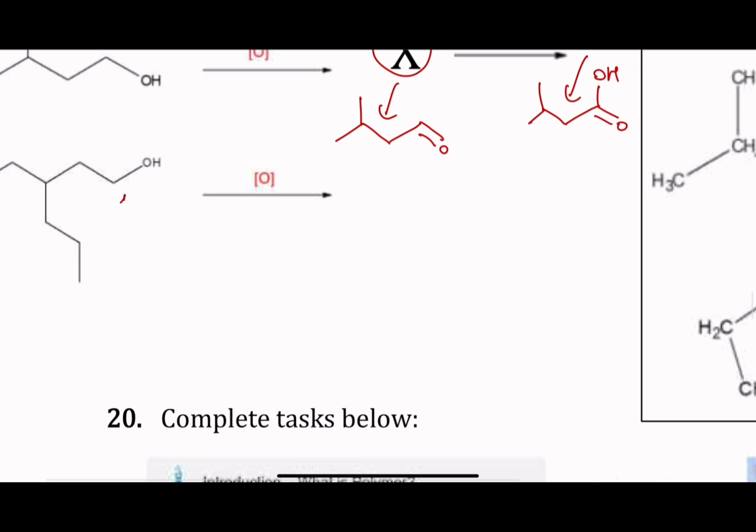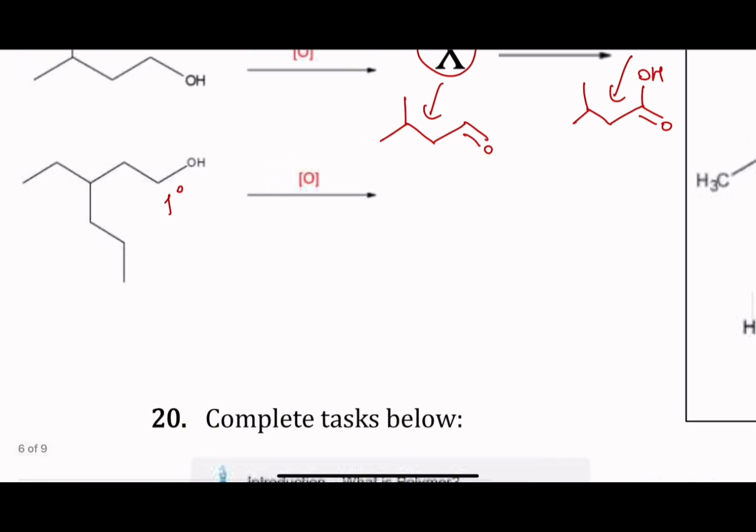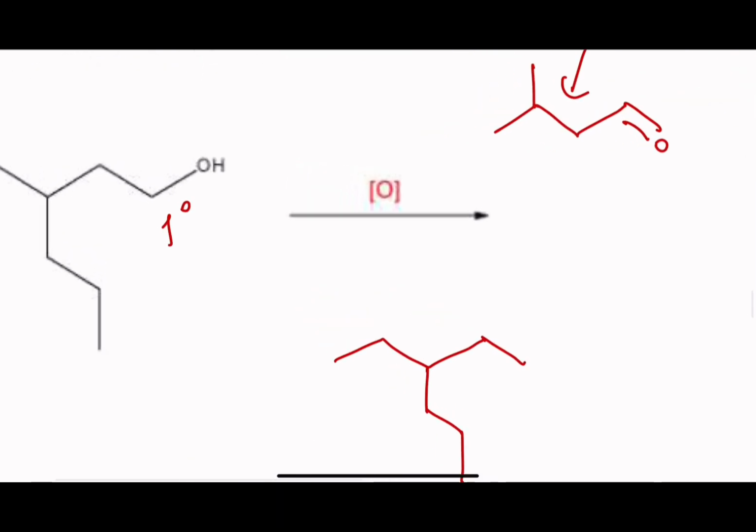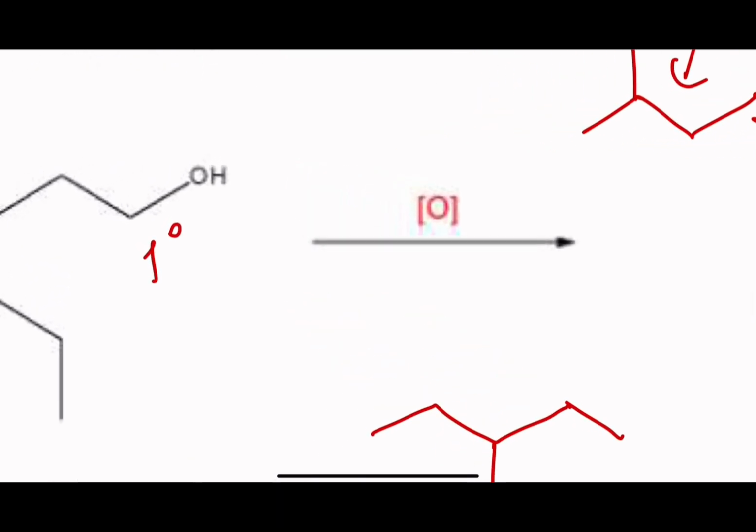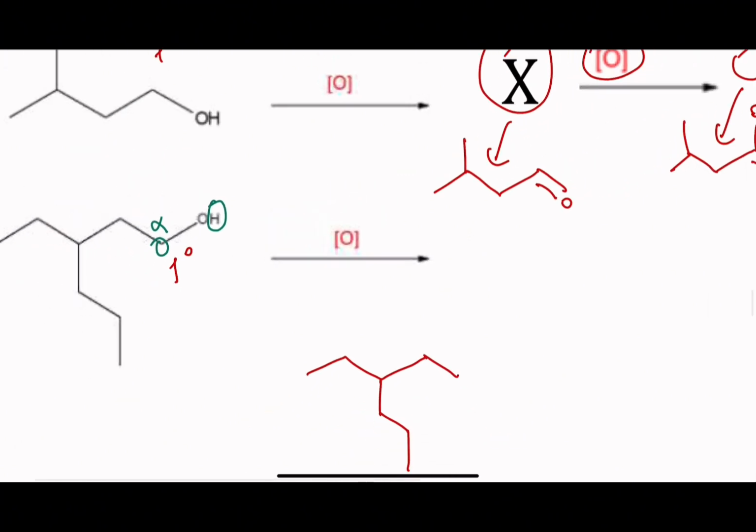And again, we have here primary alcohol. So primary alcohol, I'm just going to draw it underneath. In the oxidation, we already told you about this, that this is alpha carbon, and alpha carbon loses 1 hydrogen, and oxygen loses 1 hydrogen in the oxidation.